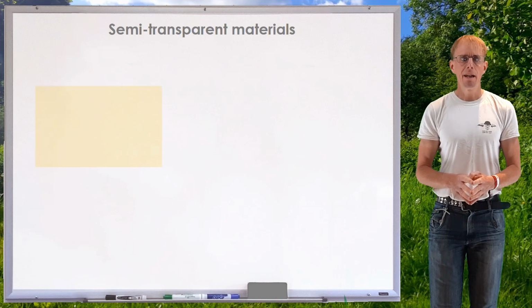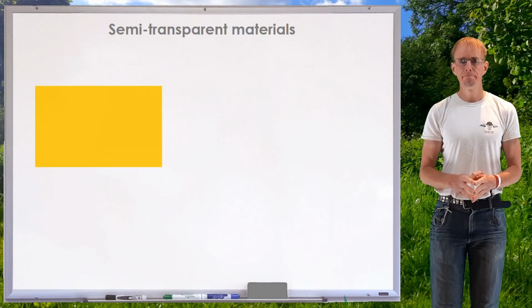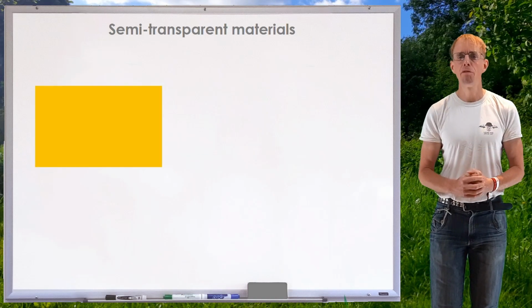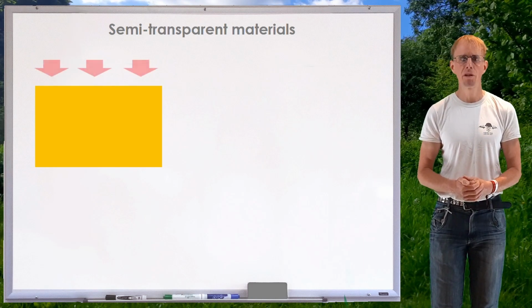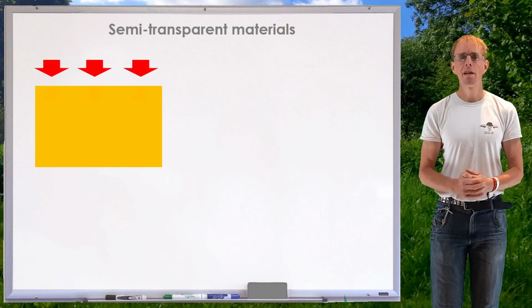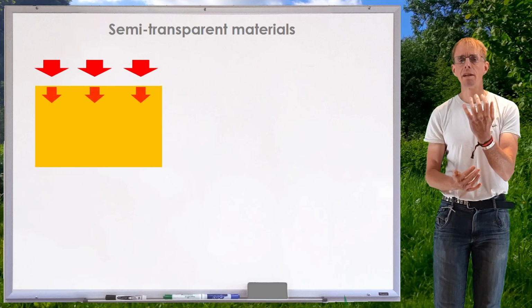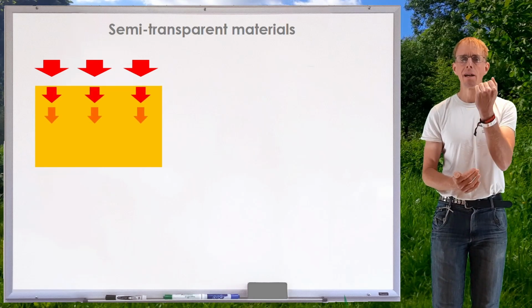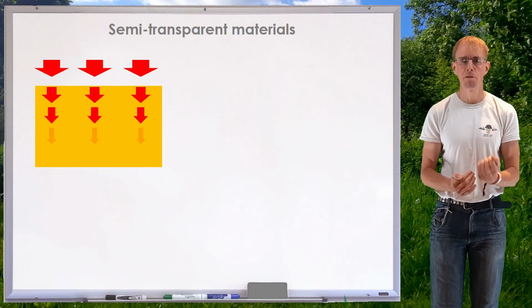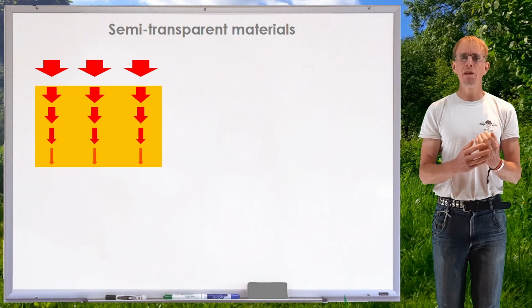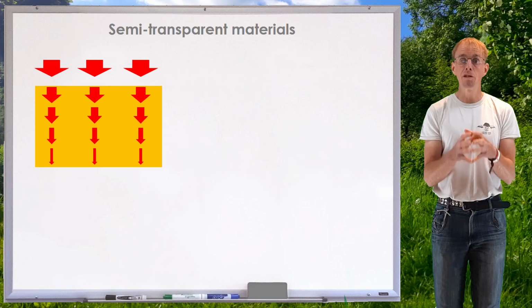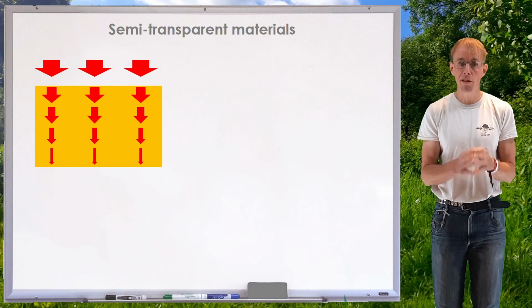Now, let's imagine we have a lump of polymer. Let's assume that that lump of polymer is somewhat translucent. You can see through it. And so infrared radiation coming into the surface doesn't get entirely absorbed at the surface, but actually transmits through the thickness of the polymer. But at each point in the thickness of the polymer, the infrared transmission gets less and less because there's some absorption going on within the bulk of the material.